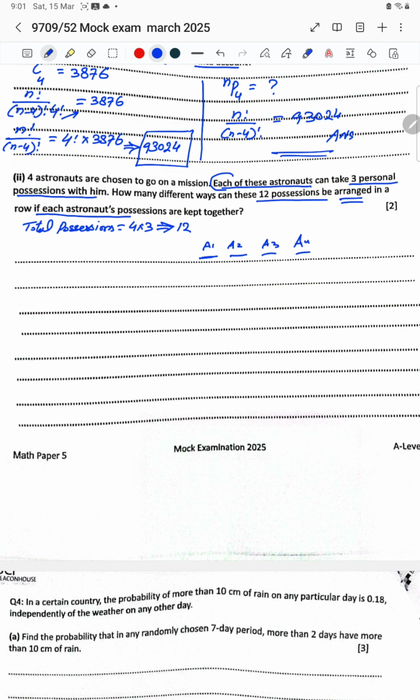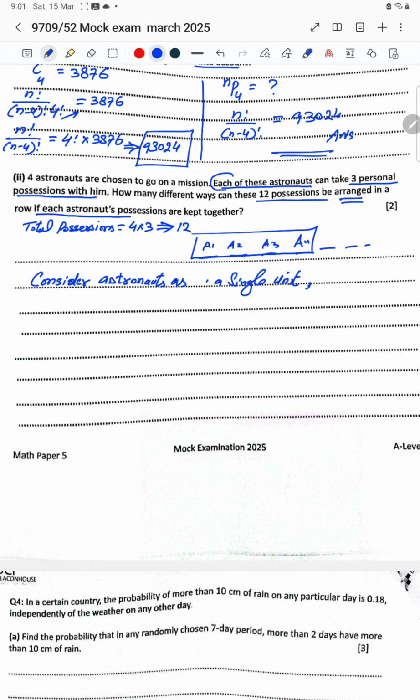If each has positions together, out of the 12, we first need to consider each astronaut's group as a single unit.